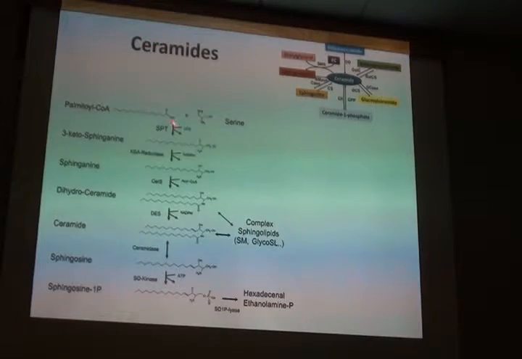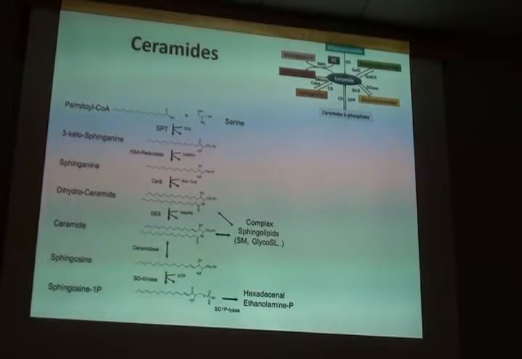What's kind of interesting is when you look at the structure of a ceramide, essentially it is a palmitoyl-CoA attached to serine, and then this last step just adds another lipid species to it. So it's almost like a diglyceride in structure, where it's two lipids bound by a backbone of some sort. It just happens that the backbone here is a serine.